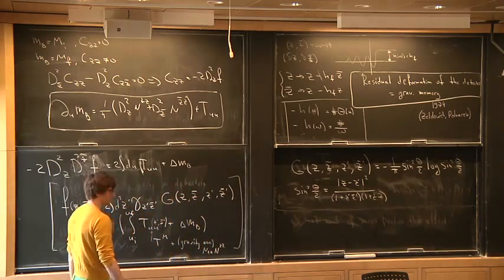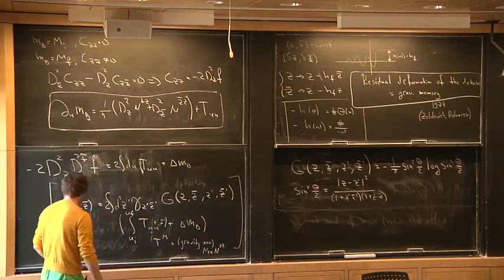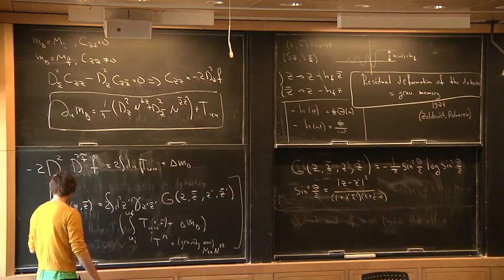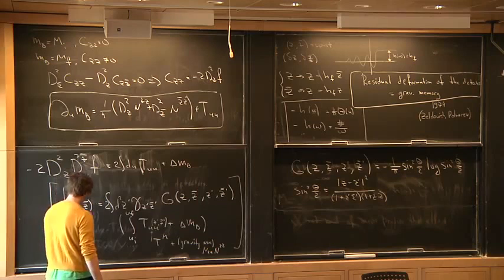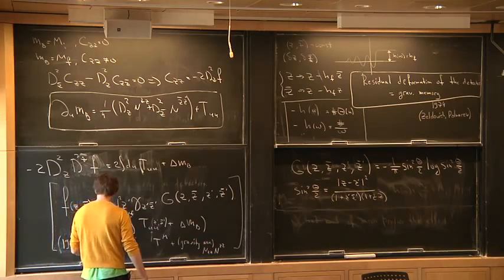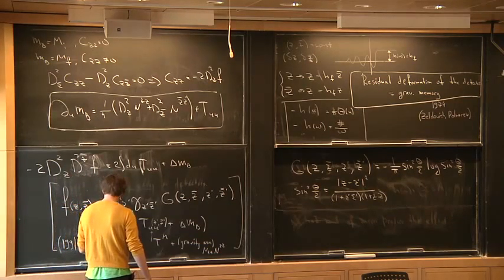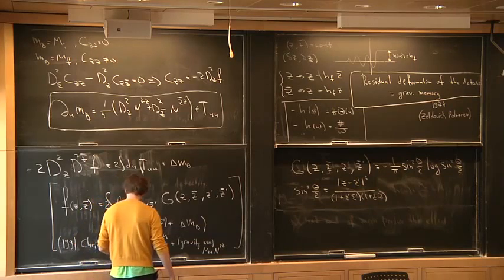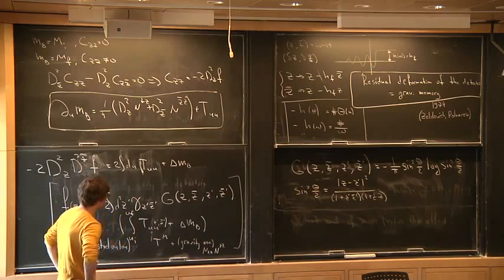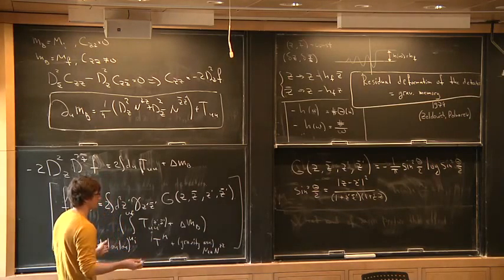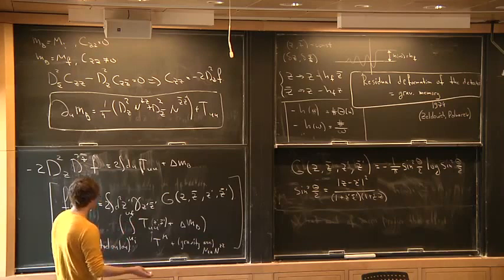It's called nonlinear memory, and a formula of this sort was derived first in 1991 in a paper by Christodoulou. Sometimes there is a division in the literature: what's called linear memory is sourced by massive particles; if it's sourced by gravity waves, it's called nonlinear.